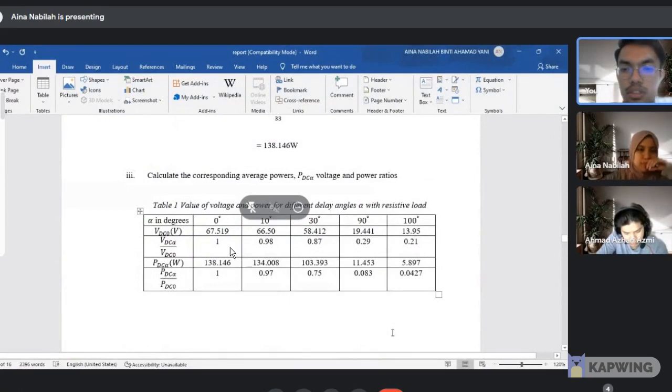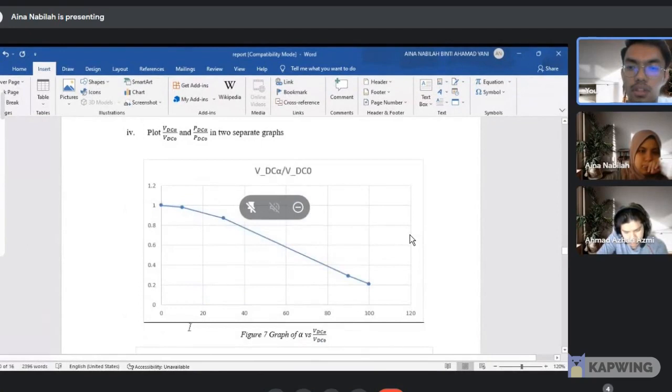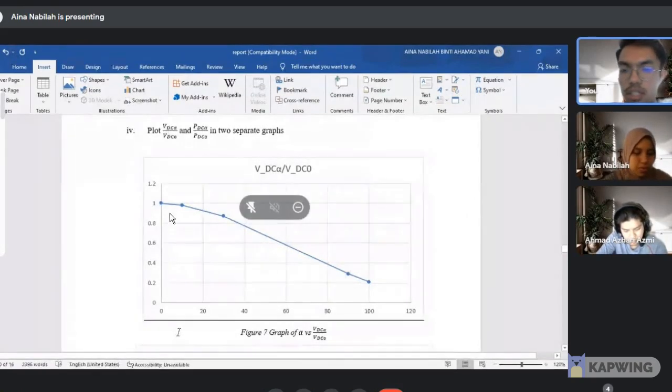The result for the VDCO is based on the formula, and from the previous table, we tabulate the data and build the graph.